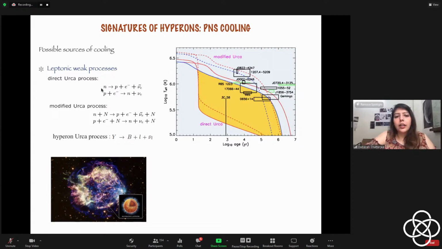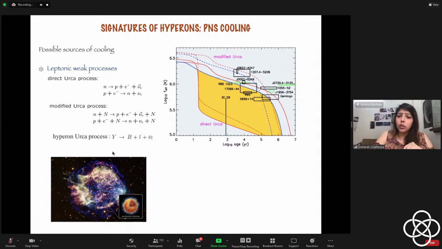There is also a modified Urca process where you have a bystander nucleon for momentum conservation. These nucleonic Urca processes are considered to be the main processes which produce neutrinos, and these take away energy from the system, cooling the star. In cooling neutron stars, these are the most common ones considered. You can see here in the figure, direct Urca and modified Urca are marked.